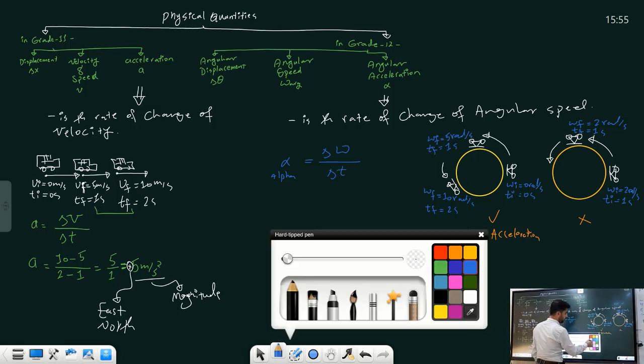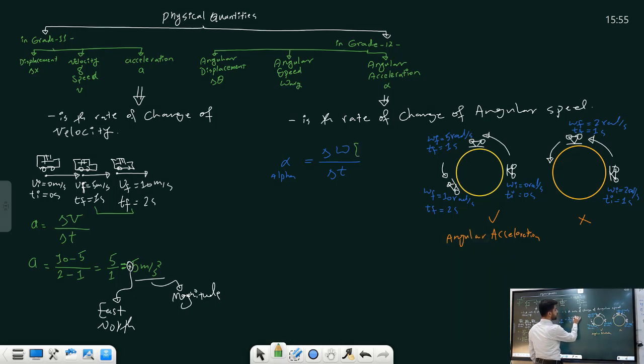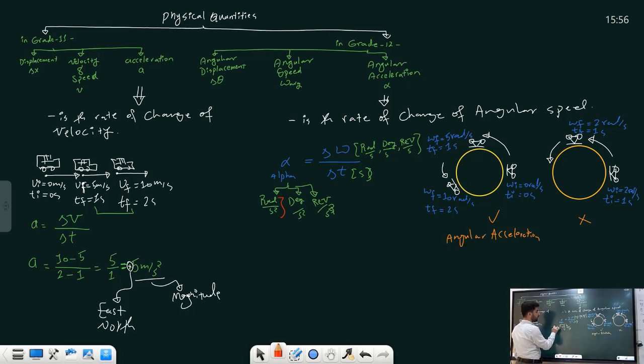Angular speed is measured in radians per second, or degrees per second, or revolutions per second, and time is measured in seconds. So alpha has three units: radians per second squared, degrees per second squared, and revolutions per second squared.